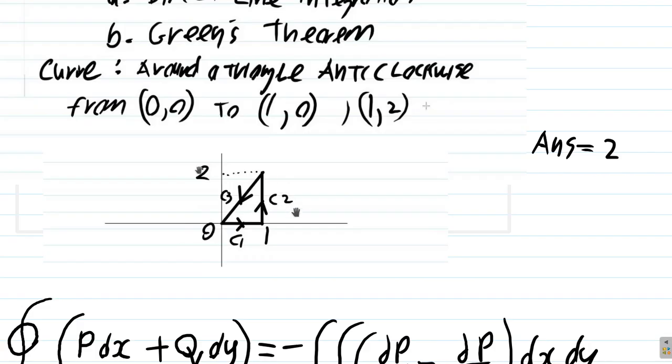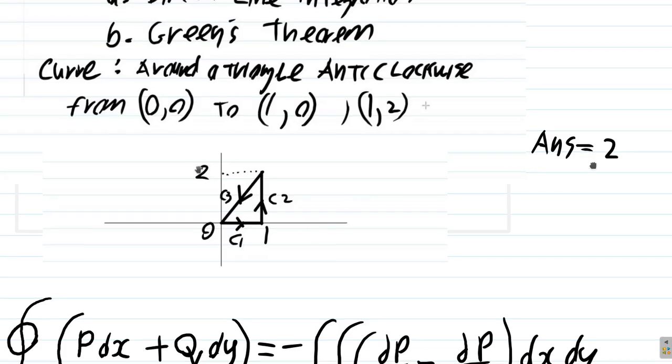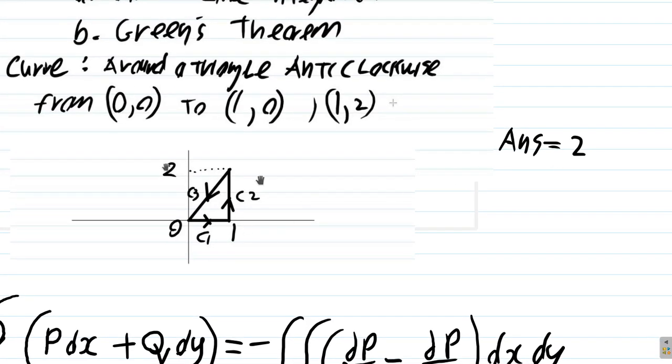If the vector is a force and we move it around, remember, work is force times distance. So the answer we got here, the amount of work done would be 2 joules if you consider the vector field as applying a force to an object and it moves the object around this closed curve.